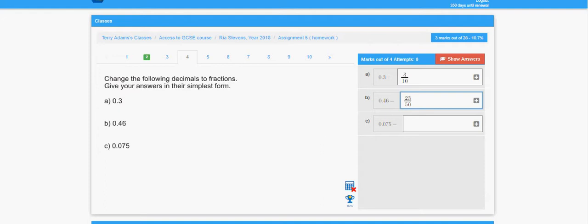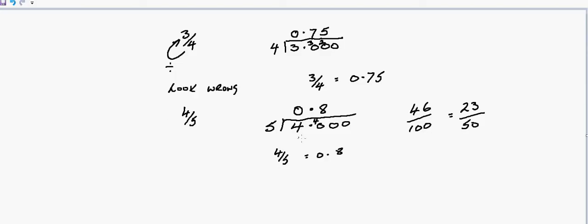So that's 75 thousandths. Okay, 75 thousandths, because you read along and then up. So I can divide both of these by 5. That would be nice and easy.